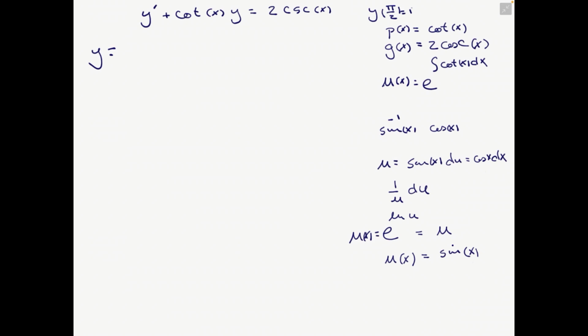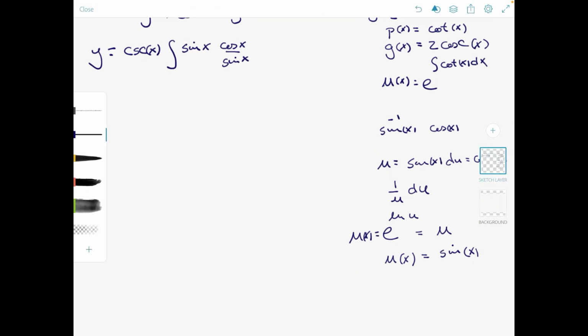So let's take a look at the solution. y equals 1 over sine, so that's cosecant of x. And we have sine of x times cos of x over sine of x. What am I doing?